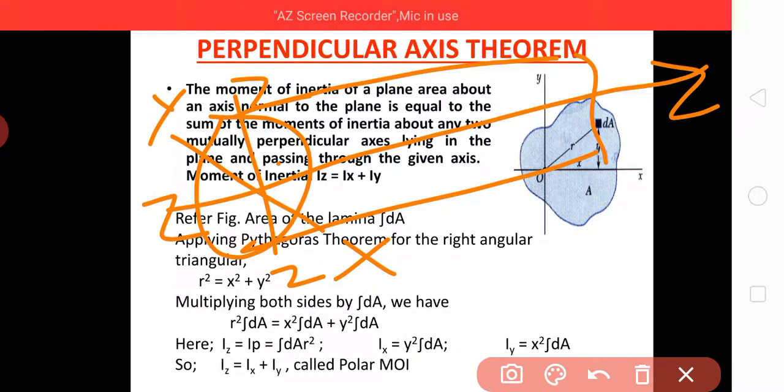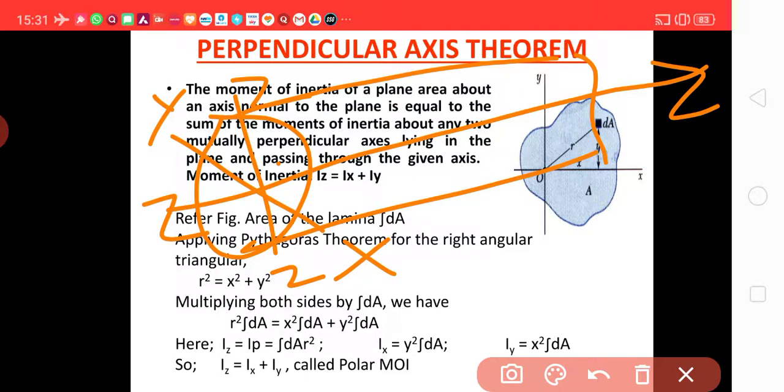A pole is a member whose longitudinal dimension or length is much larger than its cross-sectional dimensions. For example, an electrical pole has a very small cross-section, whereas the length is around 17 to 18 meter.